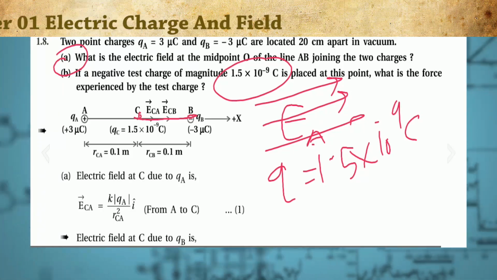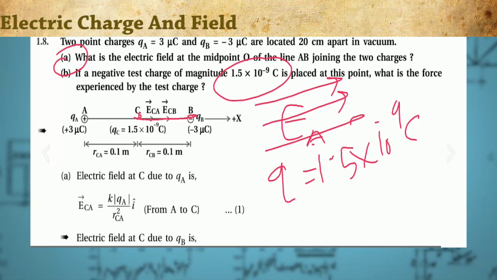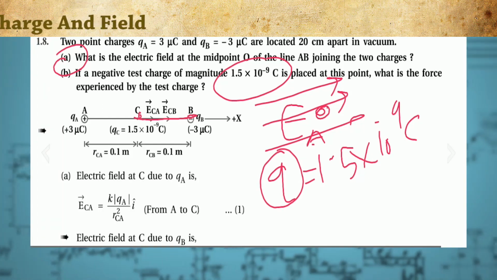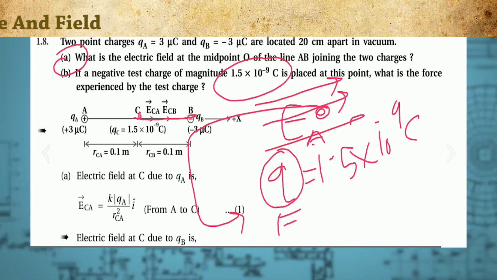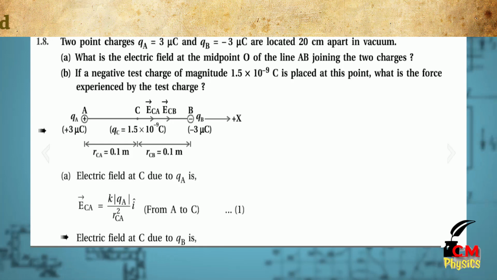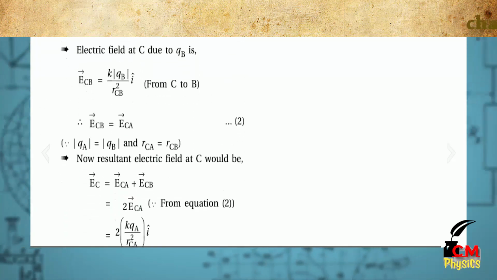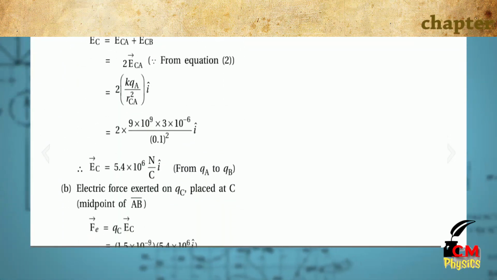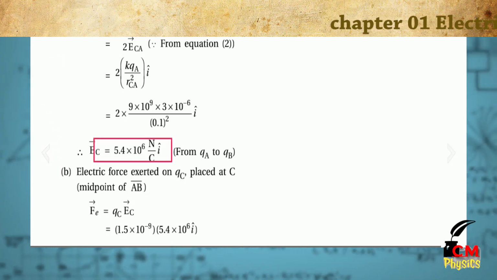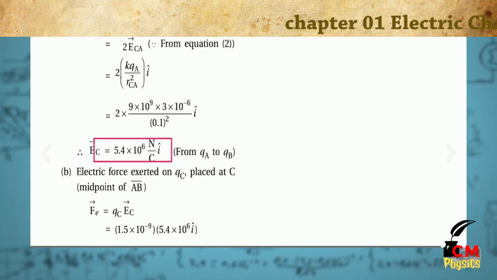Therefore the force experienced by a charged particle within an electric field is given by F equals QE. Your electric field here is calculated. EC equals 5.4 into 10 raised to 6.